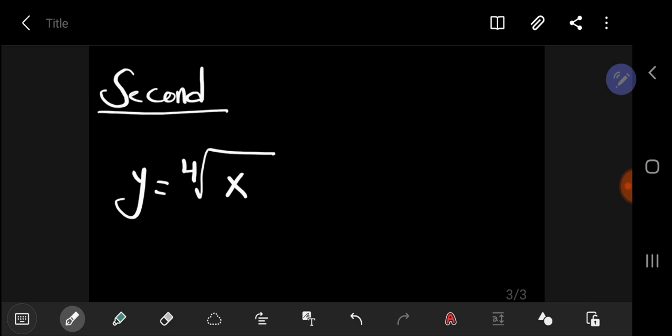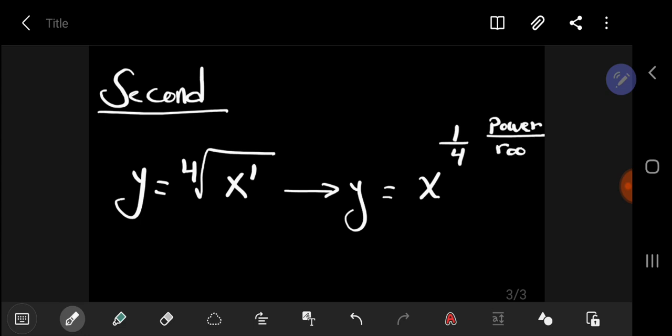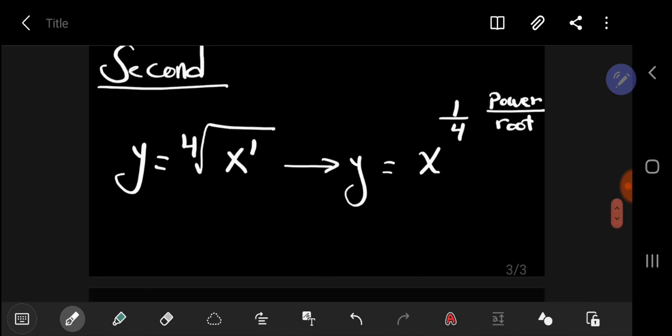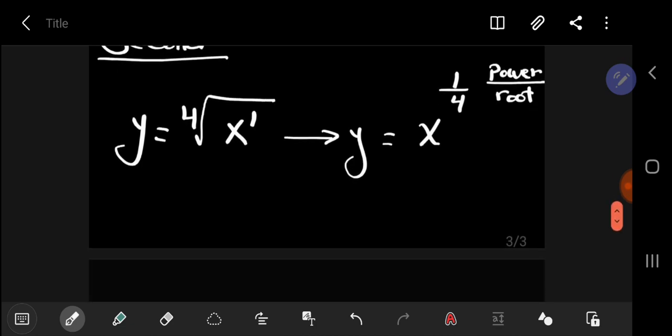If you want me to solve it not like the rule I gave you, I will transform it to x to the power 1 over 4, the power over root. If I want to solve it like any variable with a power, I will transform it to the power over the root.